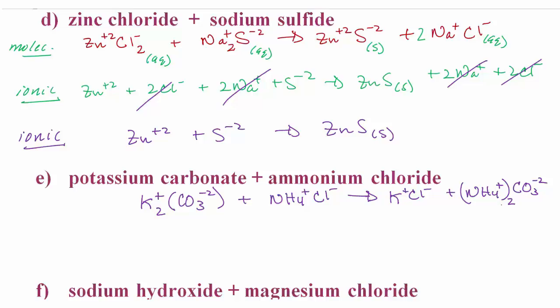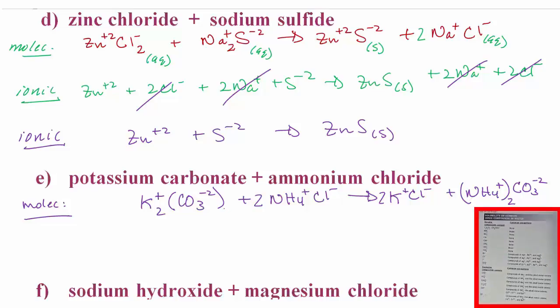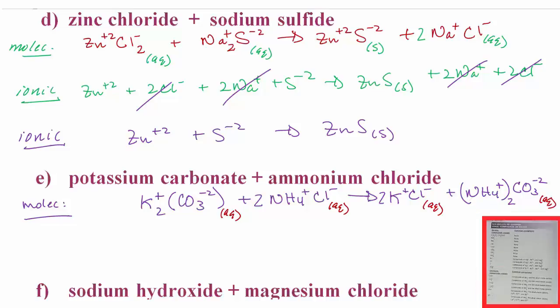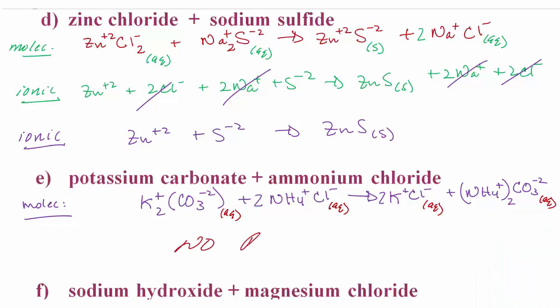Let's make sure we're balanced. I need 2 ammoniums, so I better put a 2 here. I need 2 potassiums. Now I need 2 chlorides. We're good to go. So molecular. That's right, solid or AQ on everything. Alkali metals are AQ. Ammonium is always AQ. So no reaction.